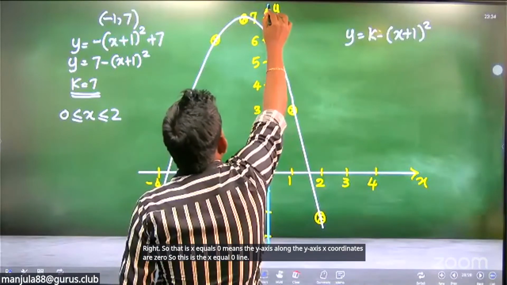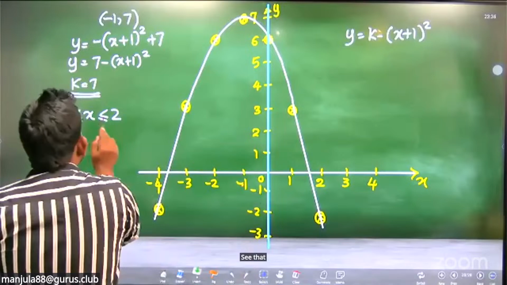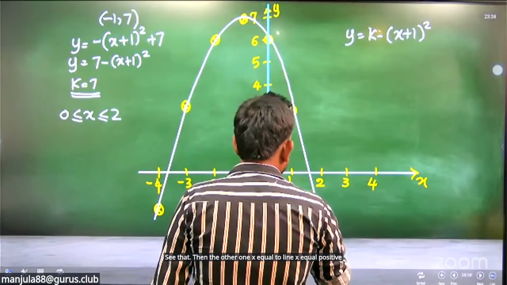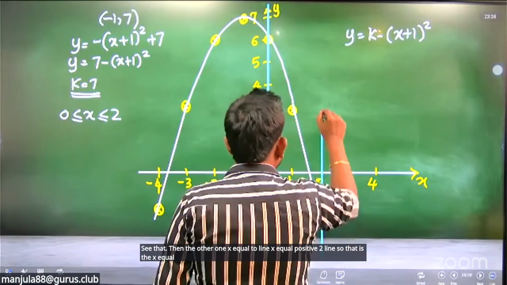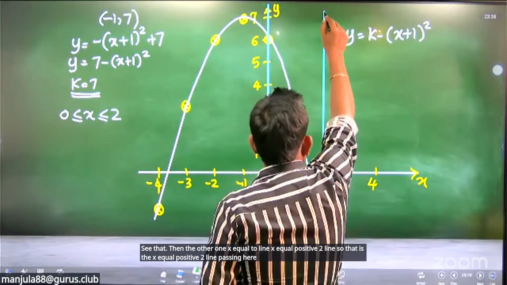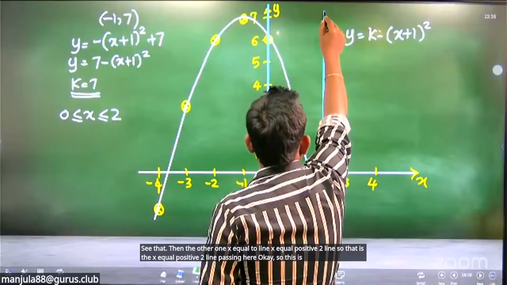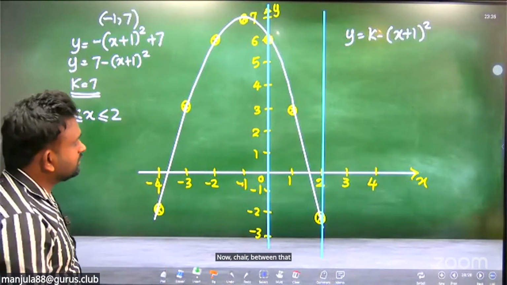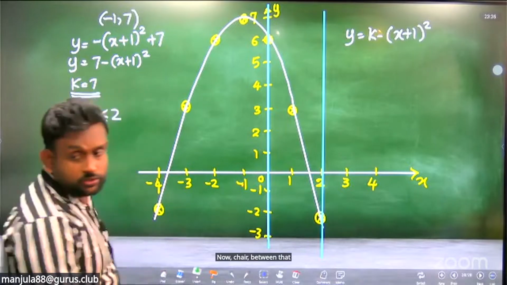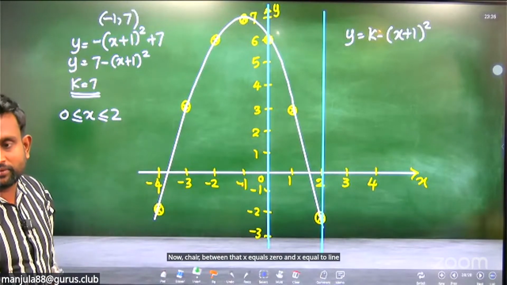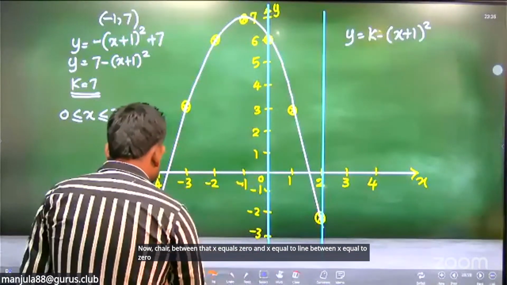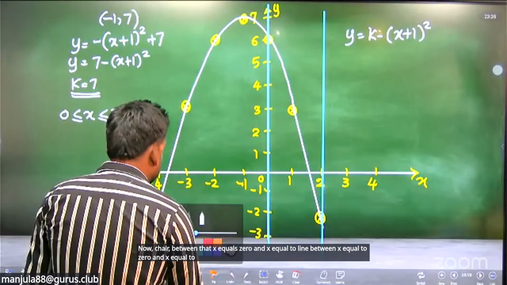See there. Then the other one, x equals positive 2 line. So that is the x equals positive 2 line passing here. Okay, so this is x equals 2 line. Now check between that x equals 0 and x equals 2 line, that means this range, right?